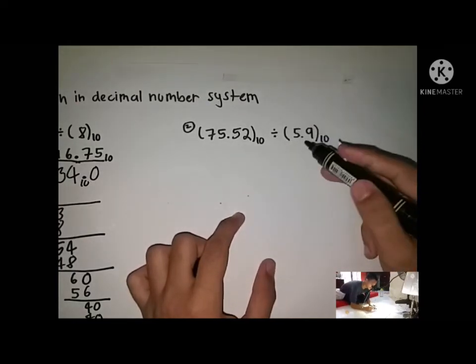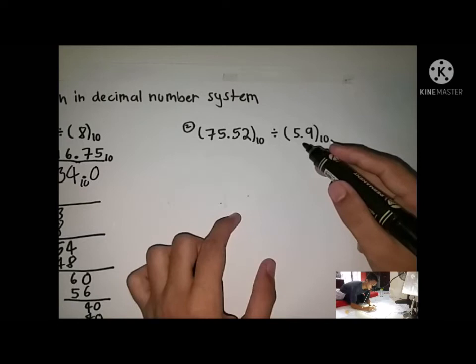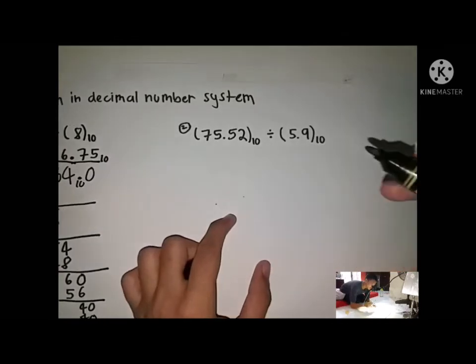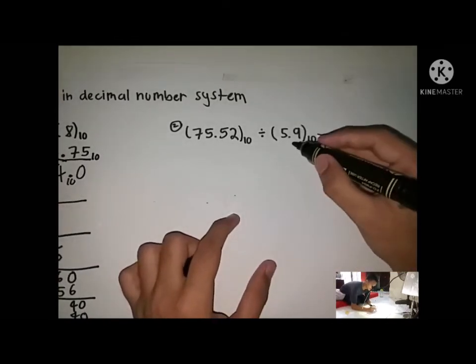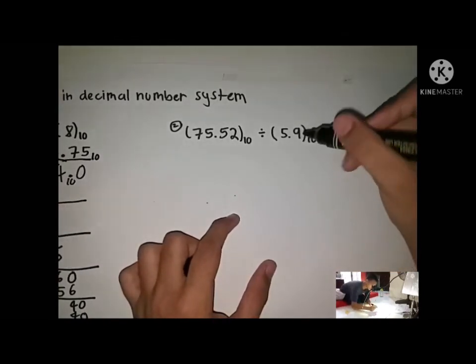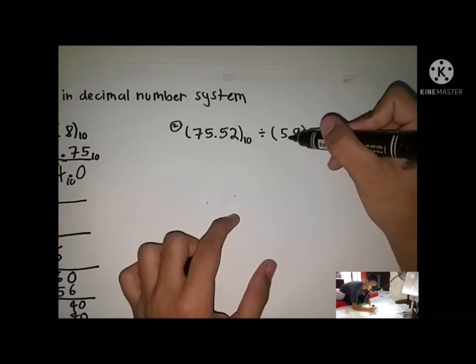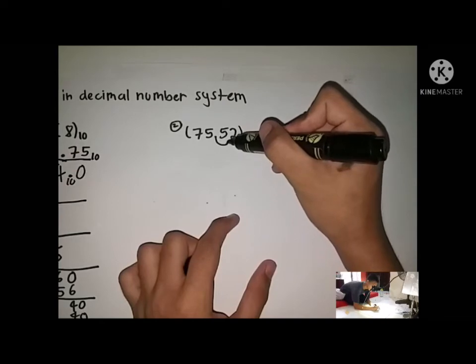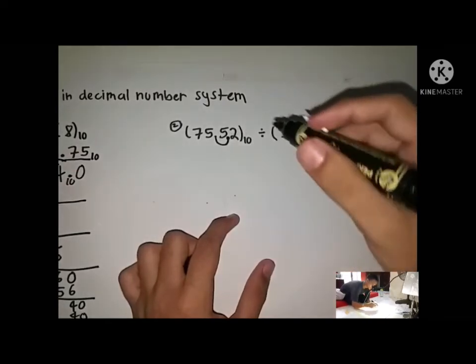So as you can see here, the divisor and the dividend has a decimal point. So we need to do that the divisor must be whole number. So you must move this point to the right at once, same as in the dividend. 1 also move at once.